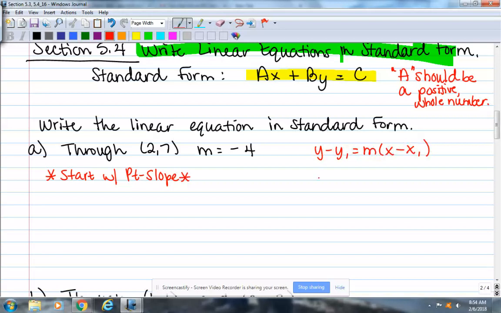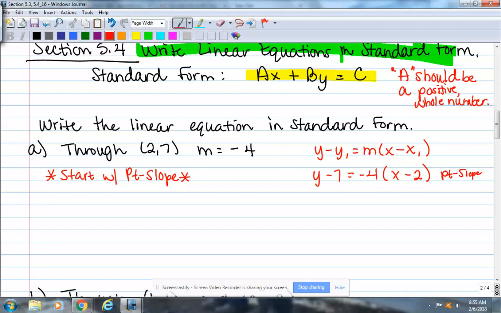So we'll say y minus, what goes in for y1? 7 equals, what's m? -4. Times x minus, what's x1? 2. Do I have any double negatives? No, I don't, because my coordinates were all positive. All right, so here's point slope right here. Simplified point slope form.